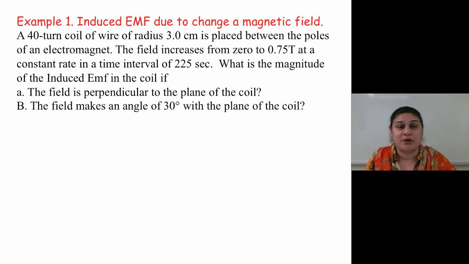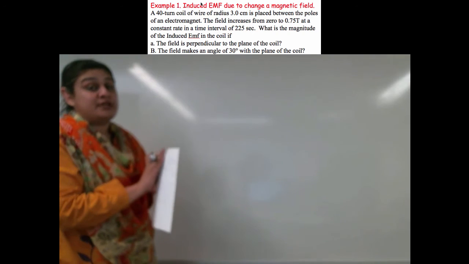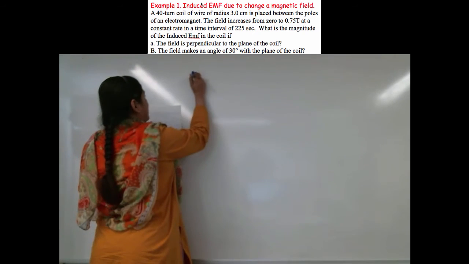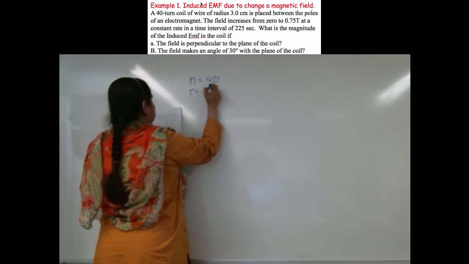A 40-turn coil of wire of radius 3 centimeters is placed between the poles of an electromagnet. The field increases from 0 to 0.75 Tesla at a constant rate in a time interval of 225 seconds. What is the magnitude of the induced EMF in the coil if the field is perpendicular to the plane of the coil, and if the field makes an angle of 30 degrees with the plane of the coil? So in this question, a 40-turn coil of wire means N equals 40 and R equals 3 centimeters.